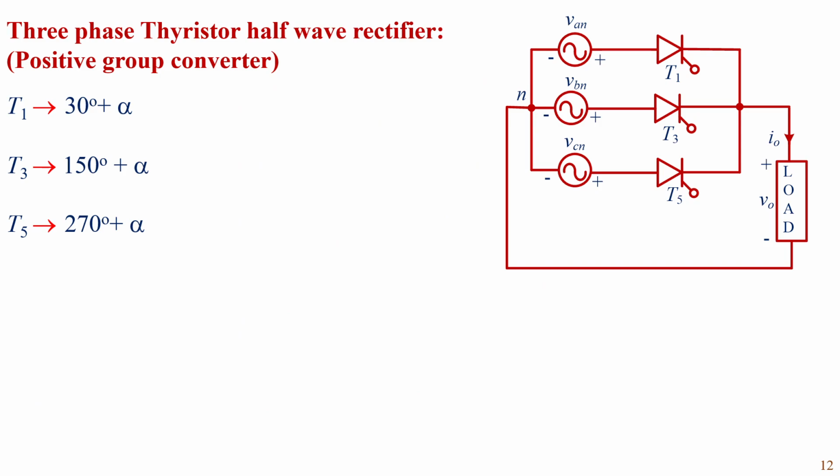The circuit is a three-phase thyristor half converter, also called as a positive group converter. There are three thyristors, T1 in A phase, T3 in B phase, and T5 in C phase. T1 is turned on at 30 plus alpha, T3 is turned on at 150 plus alpha, and T5 is turned on at 270 plus alpha.